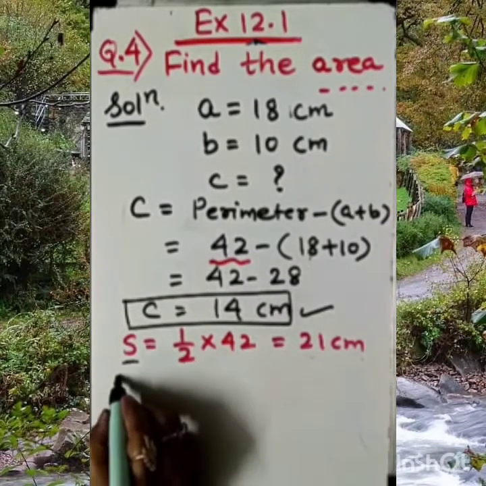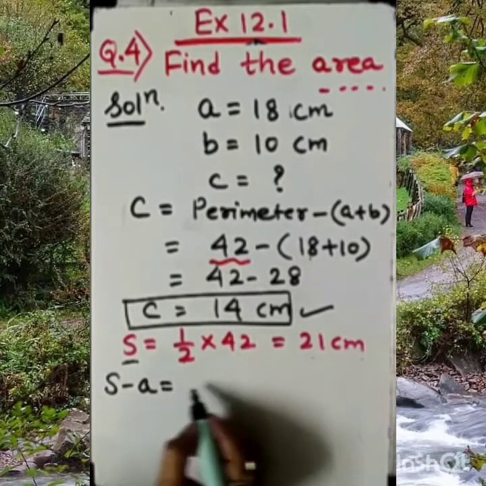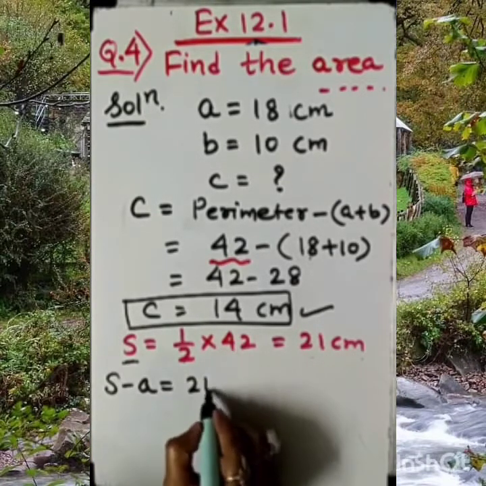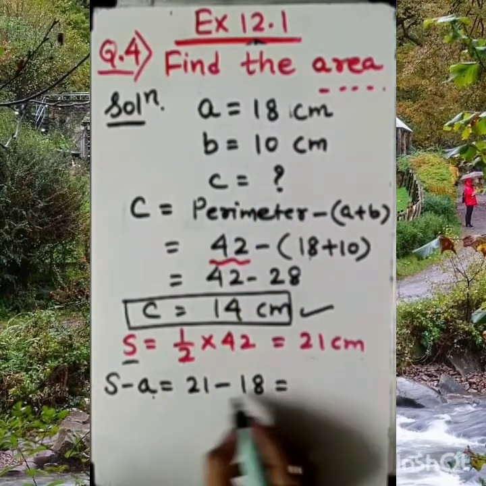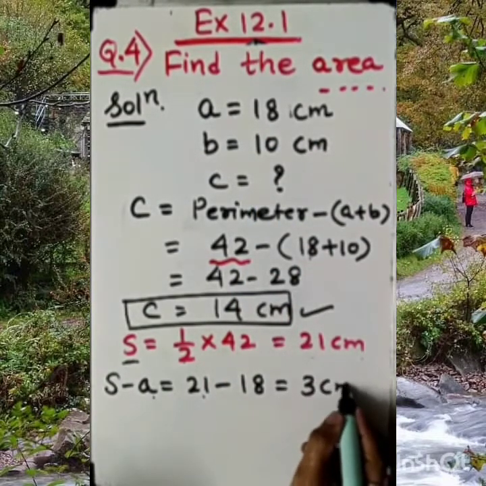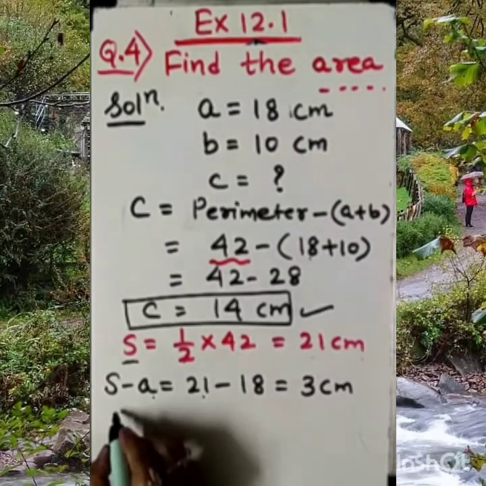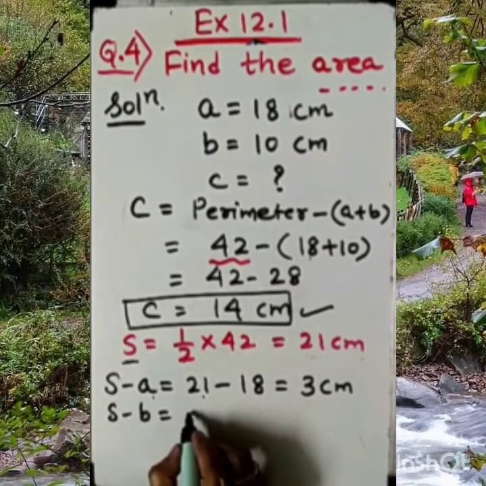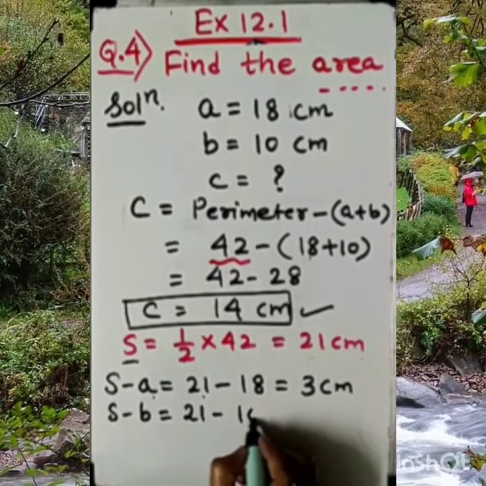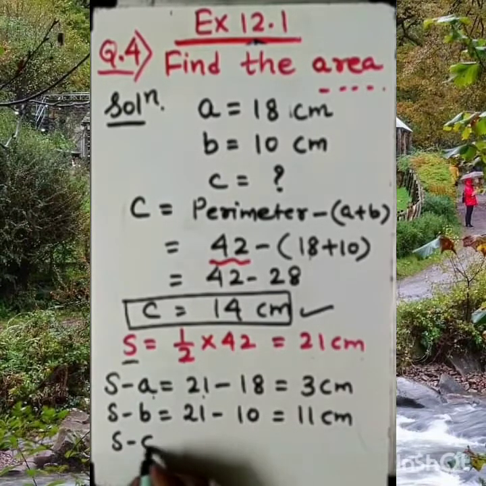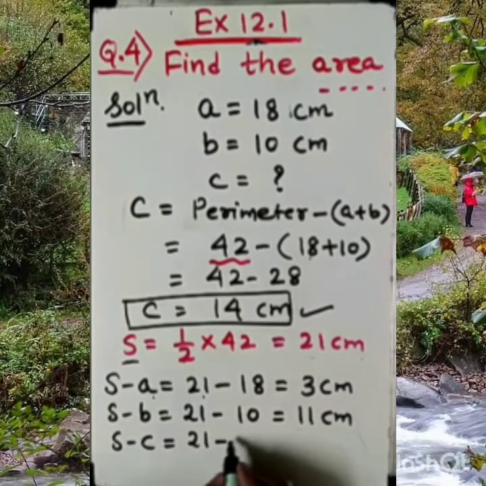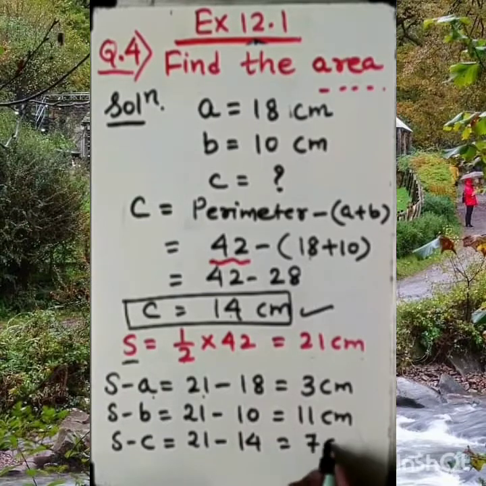Now, let's work out S minus A as usual. So, here 21 minus A. What is A? 18. 21 minus 18 is 3 centimeter. What about S minus B? That is 21 minus 10, that is 11 centimeter. S minus C, 21 minus C means 14, that is 7 centimeter.